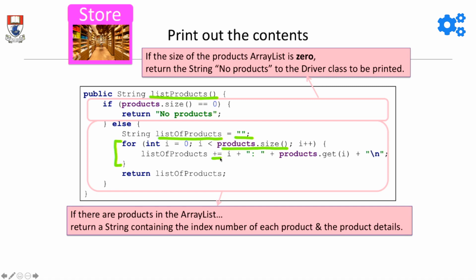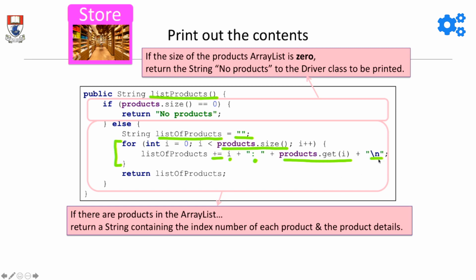Remember, the plus equals is the same as saying list of products is assigned the value list of products plus, and then what comes on the right hand side of that, we're using the i. We're using a colon string, and then this is the clever bit. This is where we get whatever the current product that we're looking at in the collection is, added to the string, and we're adding a new line character at the end of it.